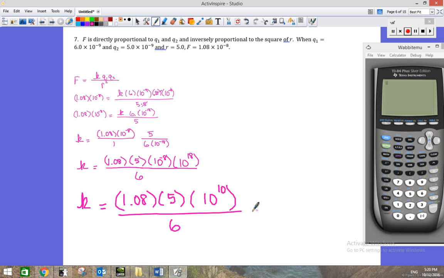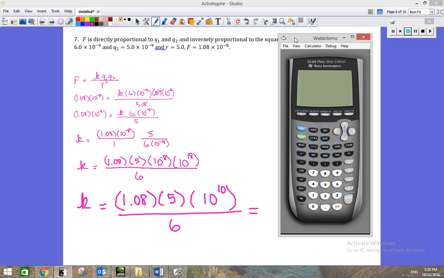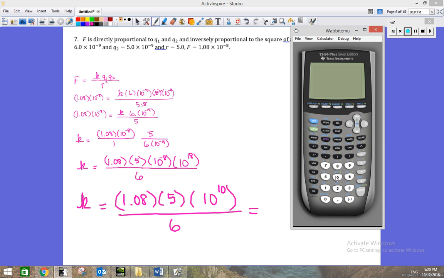So I'm going to jump to my calculator and see if it will tell me what this is. I've got 1.08 times 5 times 10 raised to the 10th power, and this is being divided by 6. So I've got 9 with a bunch of zeros. 1, 2, 3, 4, 5, 6, 7, 8, 9.